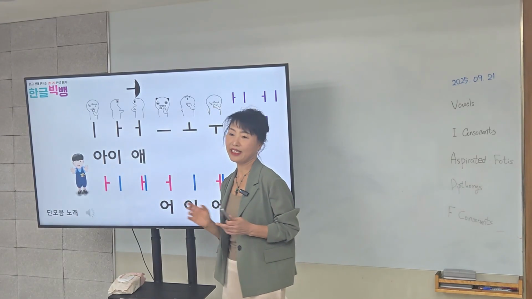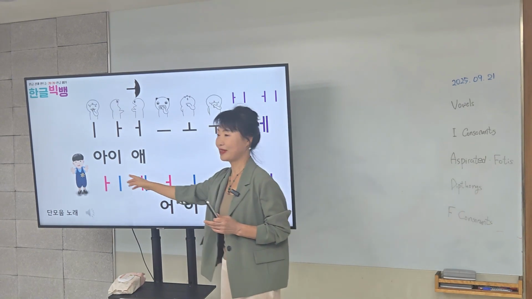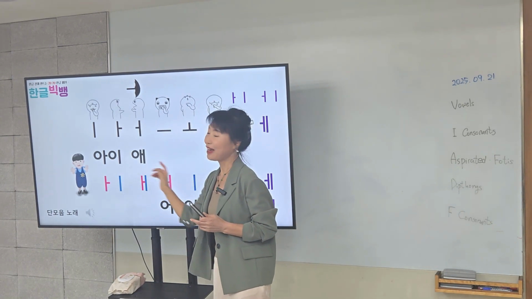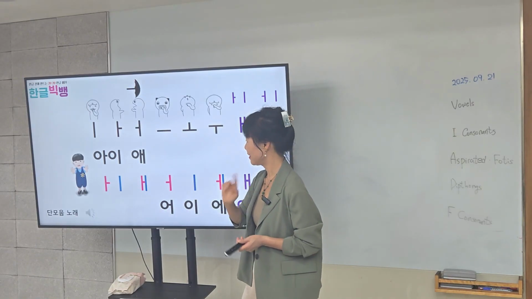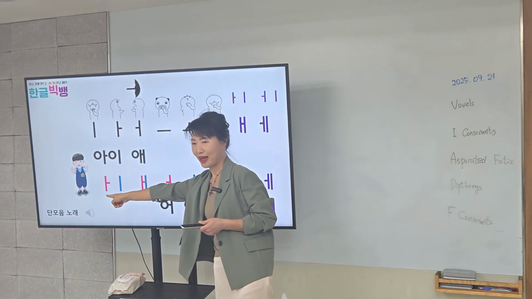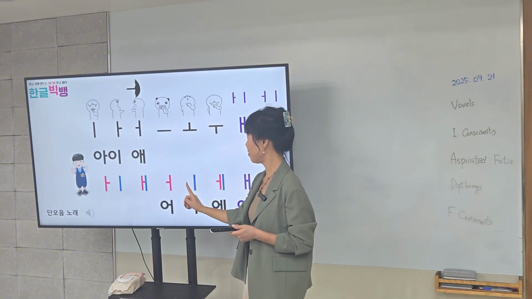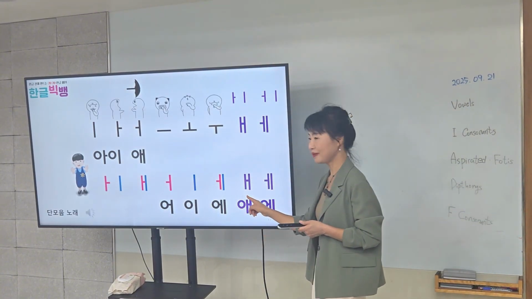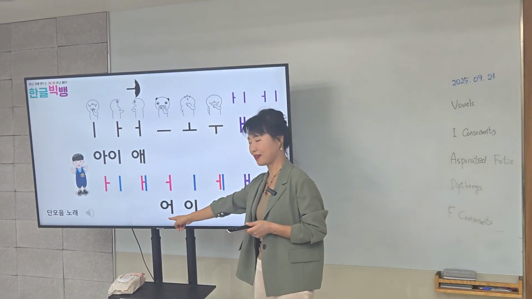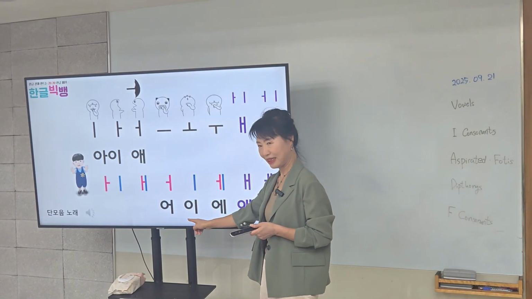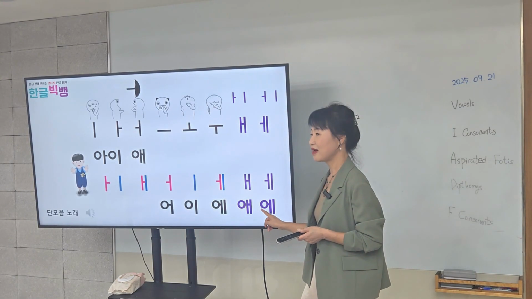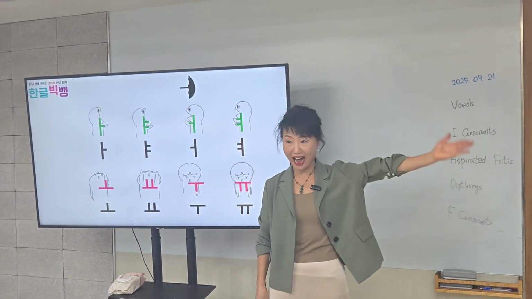Okay, so A is short for I. They have the same meaning. I and A mean child. So okay, once more. A, E, okay, O, E. Okay, with empty consonant. O, E, A. This is A, right?